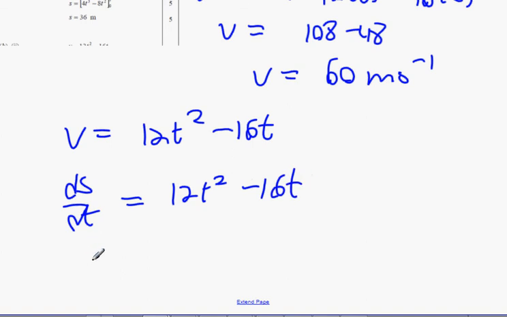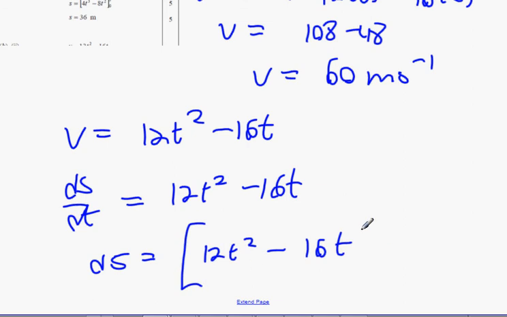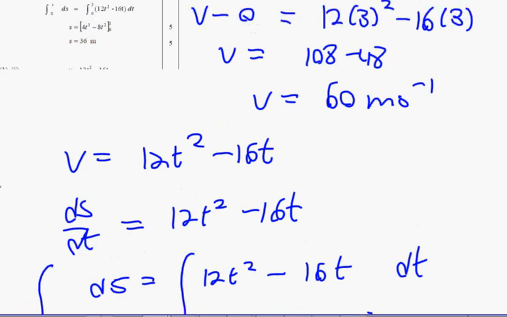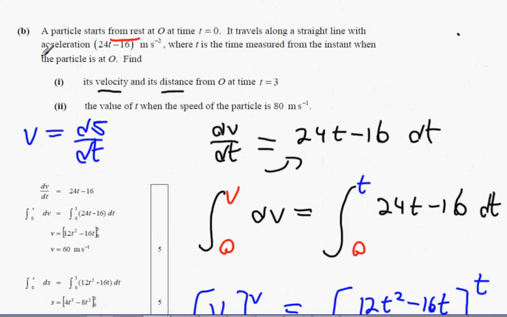We can then cross multiply and we get ds equals 12t squared minus 16t times dt. And then what we can do next is we can just integrate them. When we're integrating these, we've got to be aware we're looking for the distance at time 3.